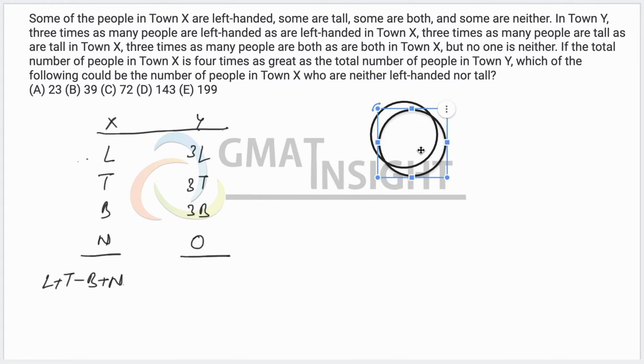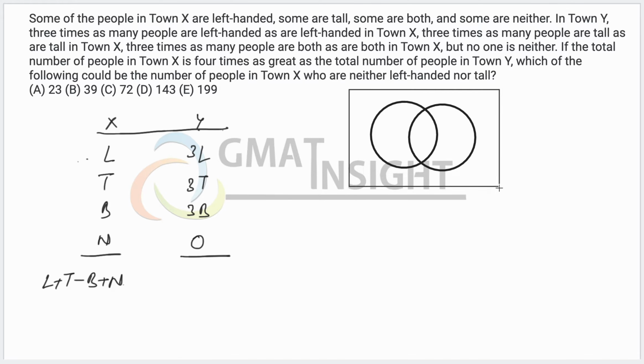Let's say I'm making this Venn diagram for town X. Here is left-handed, tall, both, neither. So the total population, if I take the union, will be L plus T minus B and then the outside, plus N. That will be the total population, and that's exactly what I've done here as well.